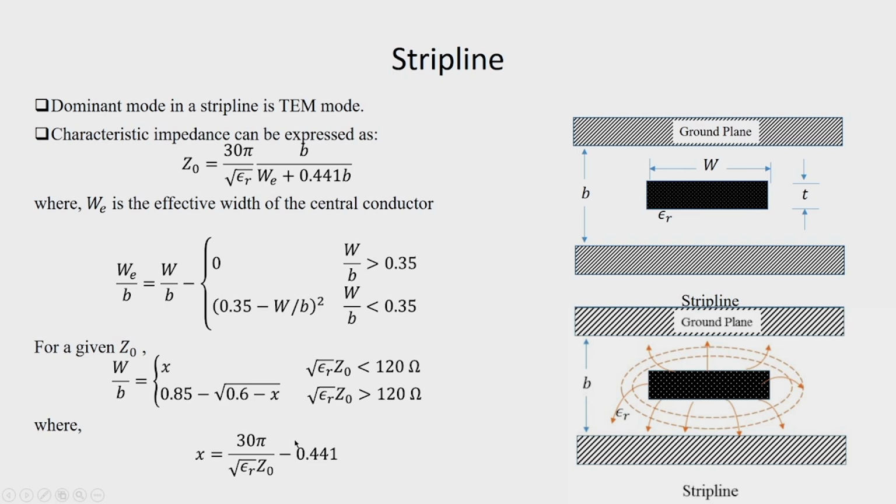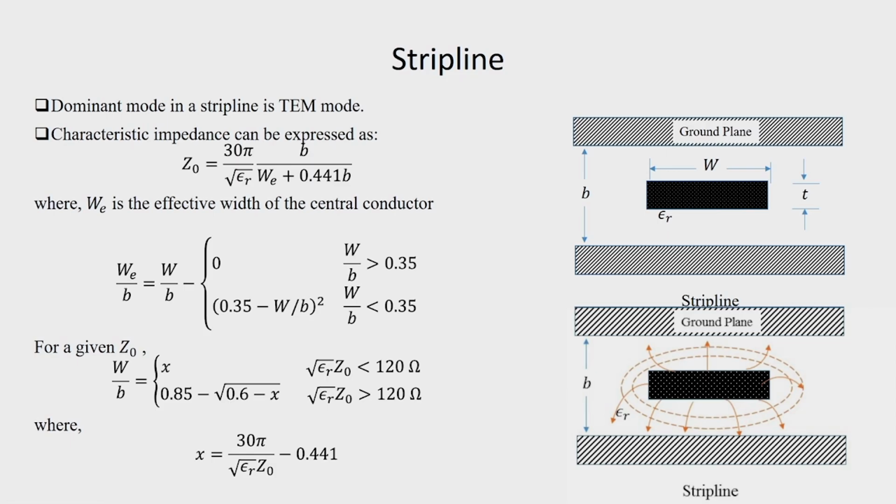So, once we have calculated this parameter x, then depending upon whether root epsilon r Z naught is less than 120 ohm or root epsilon r Z naught is greater than 120 ohm, we can calculate W by B as x or 0.85 minus square root of 0.6 minus x.